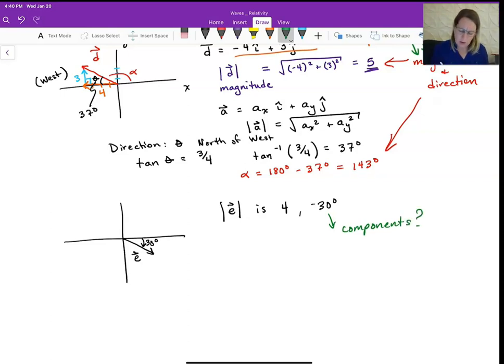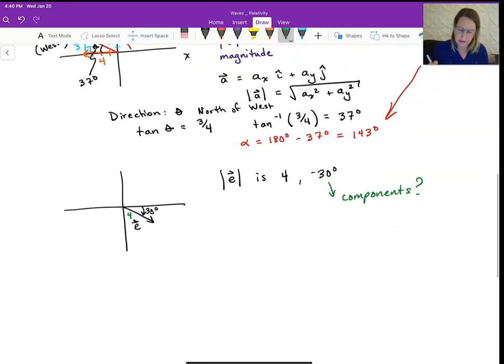And so now I have this length is 4, and it's given by 30 degrees. So I'm going to use SOHCAHTOA again. I've got an x, there's EX. I've got a y right here, EY. And if I look at this, then I can say, I've got the 4, which is on the hypotenuse. So I need something with hypotenuse.